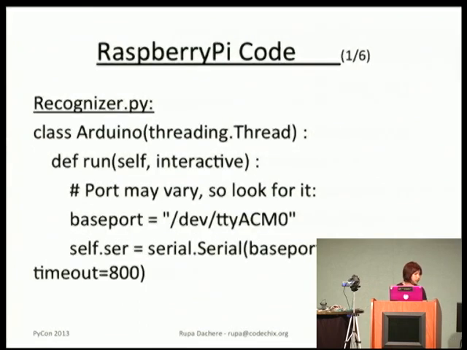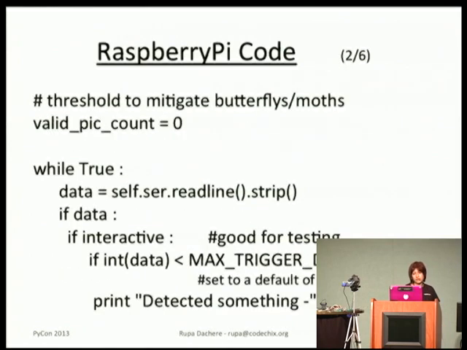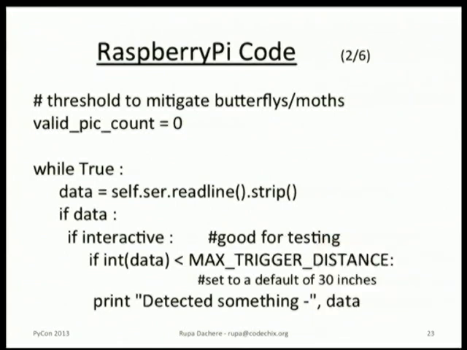And here's the beginning of my Raspberry Pi code. I have 6 slides of this. The first thing is the recognizer.py heavy lifting script. I set up the port as /dev/ttyACM0. Then I have an infinite loop that reads the data from the Arduino output.